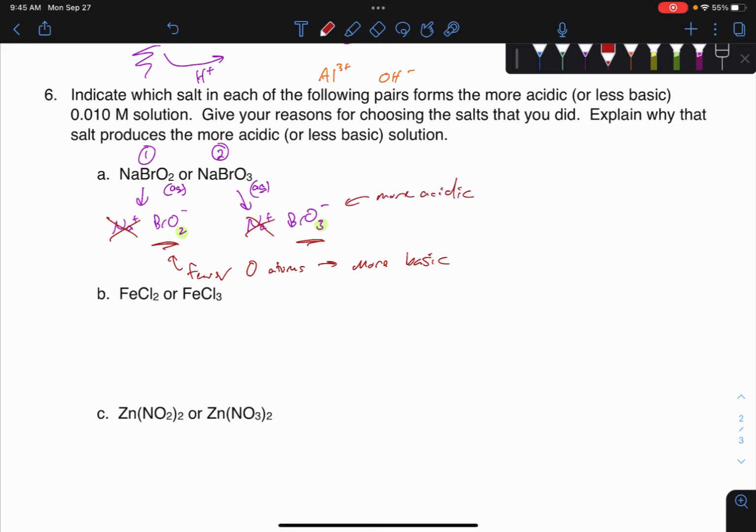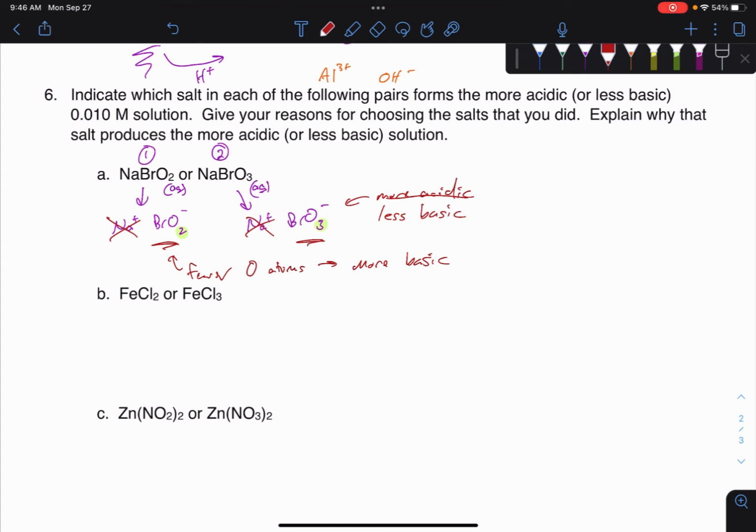I'm not saying it's a pH of 4 or anything. It may just be a pH of 7, honestly. No, actually, it wouldn't. The bromate would act as a base to some extent. And maybe I should say less basic. That's probably a better way to say that. It's a less basic solution than that first one.